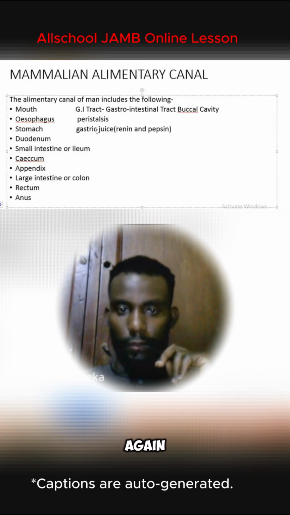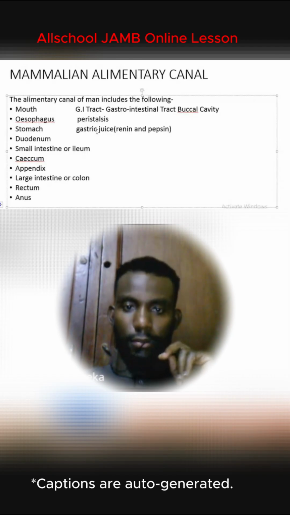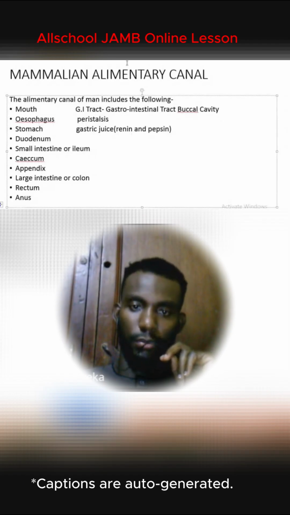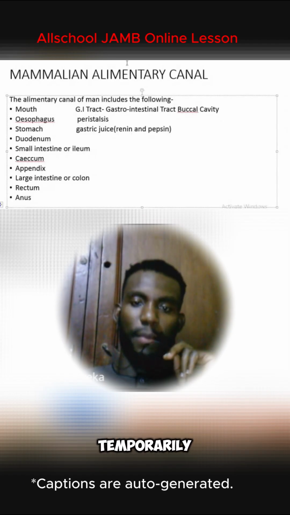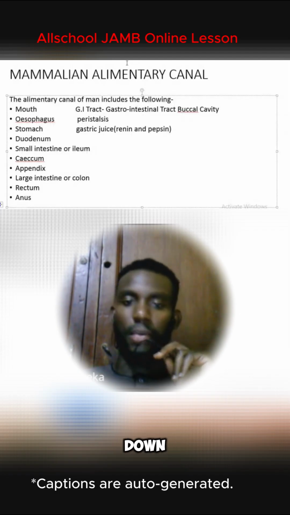I'll come again. Food gets into the stomach, where it is temporarily stored. When it is temporarily stored, it is also broken down to some point. When it gets broken down to some point, it mixes with gastric juice.